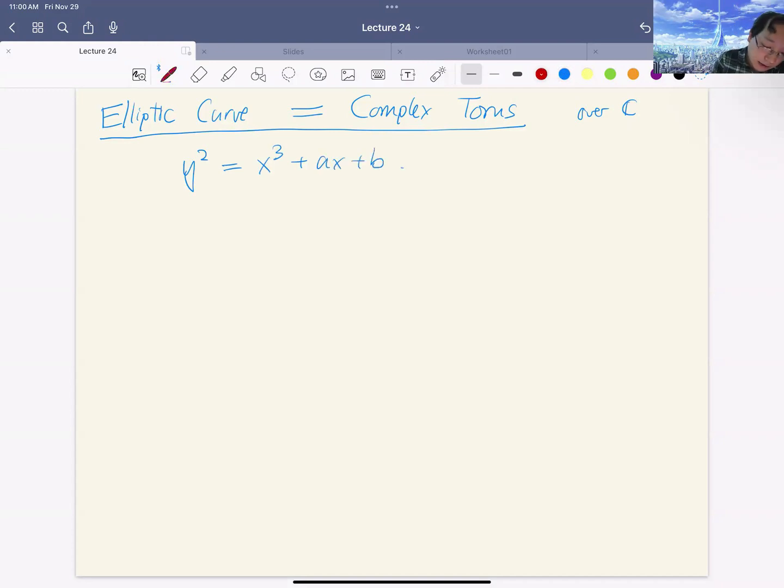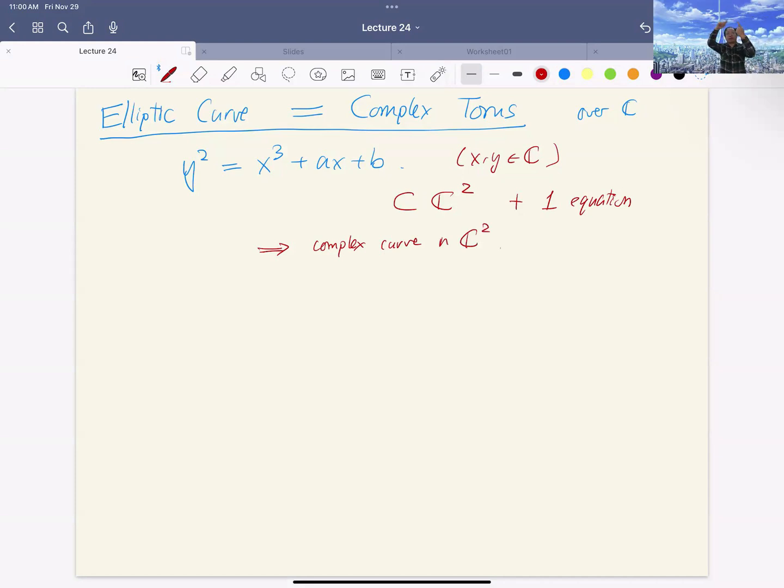So now if I imagine this as things in complex numbers, what does that mean? That means we are talking about a subset of C squared, so two complex numbers with one equation. So it means that I have a complex curve in C2. I mean, a 1D thing in 2D, by definition, is a curve.